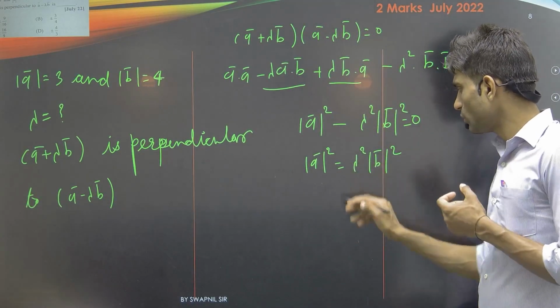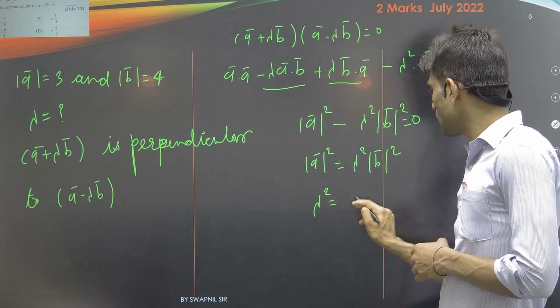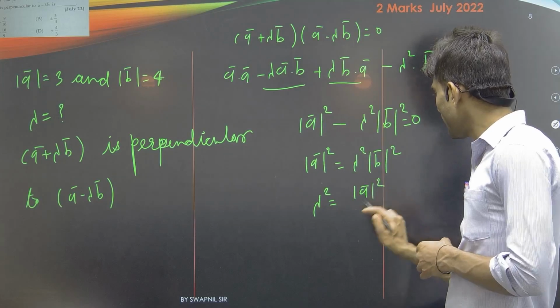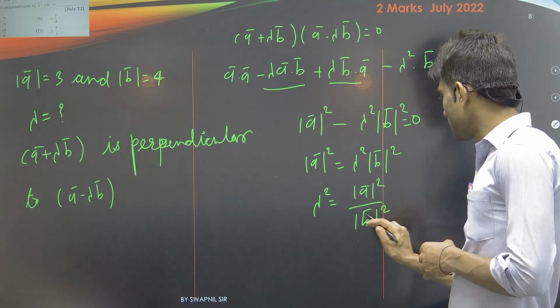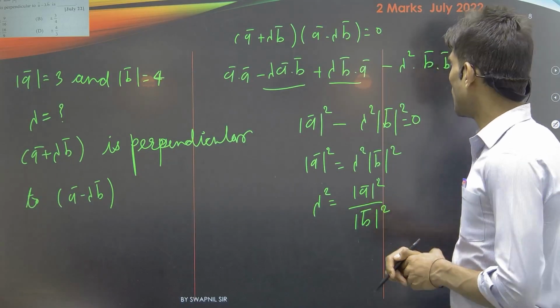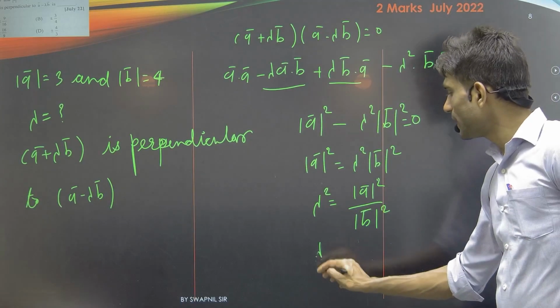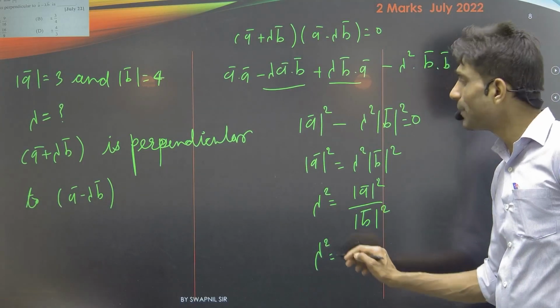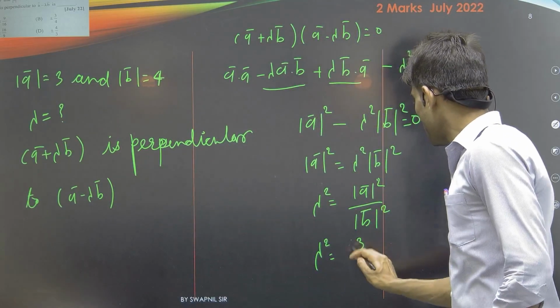So take lambda to one side and the other term to the other side. So lambda square is equal to modulus of a bar square upon modulus of b bar square. Lambda square can be written as modulus of a bar square, which is 3 square.